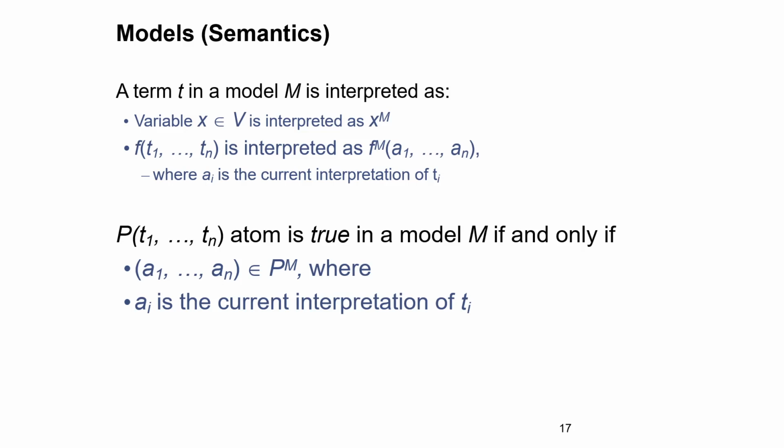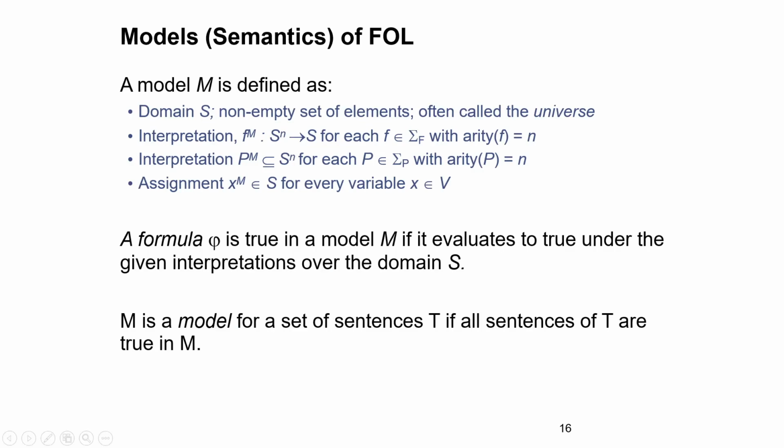We just have to know that there needs to be something like this model, and that this model has lots of responsibility, because it has to say what the domain is and how we interpret each of those functions. If we want a model for a set of sentences, a set of constraints, then that's what we ask the SMT solver to do.